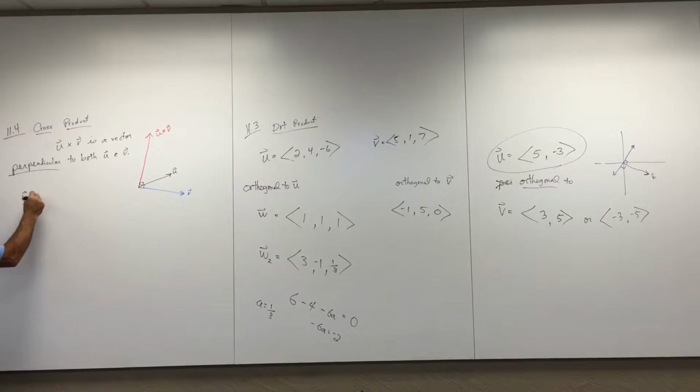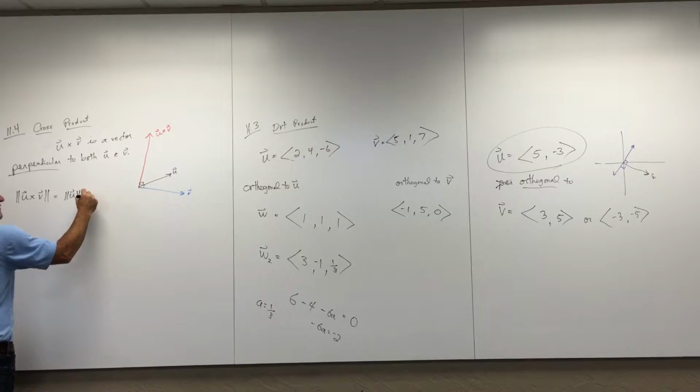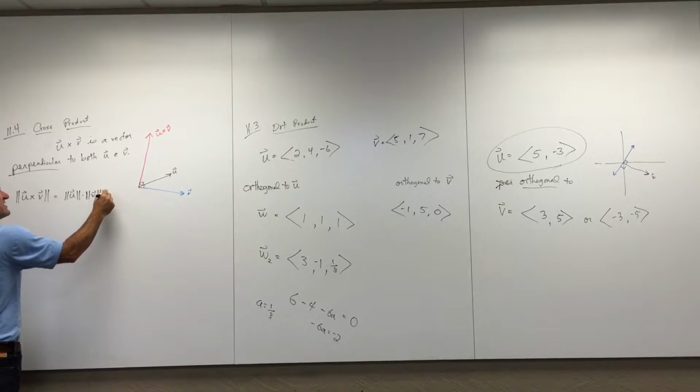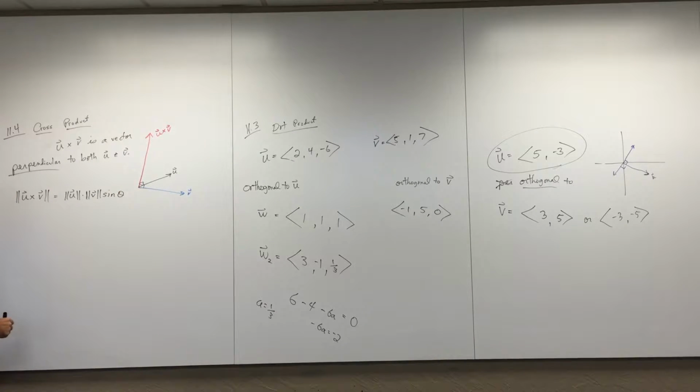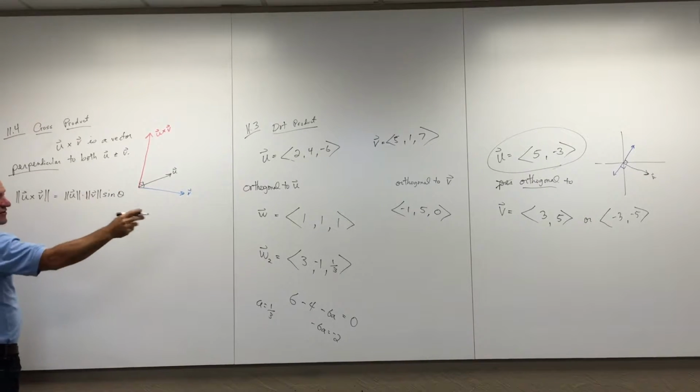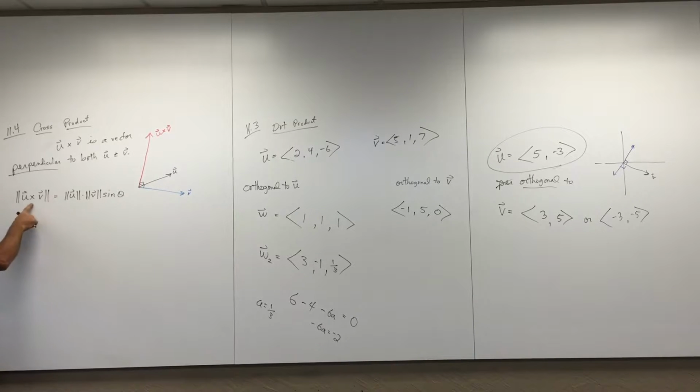They say the magnitude of U cross V is the magnitude of U times the magnitude of V times the sine of the angle between them. That's kind of similar to our dot product formula, but it's different. It's the cross product formula, and I just want to caution you, is this how you do the cross product? Well, this is how you do the magnitude of the cross product. This is the length of the cross product vector.